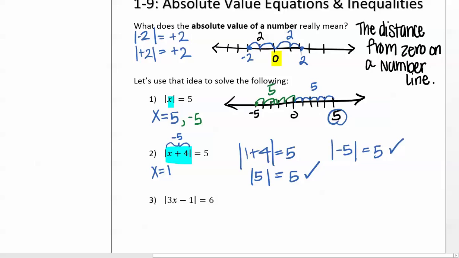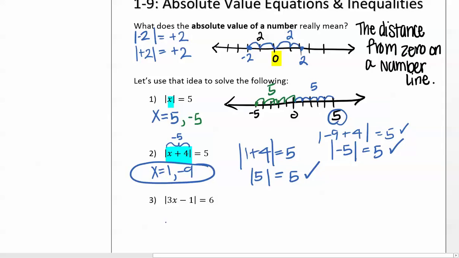So what value of x would make that x plus 4 equal to a -5? The answer is -9. Because if I take -9 plus 4, that's going to give me -5. The absolute value of -5 will give me 5, so that works as well. Okay?